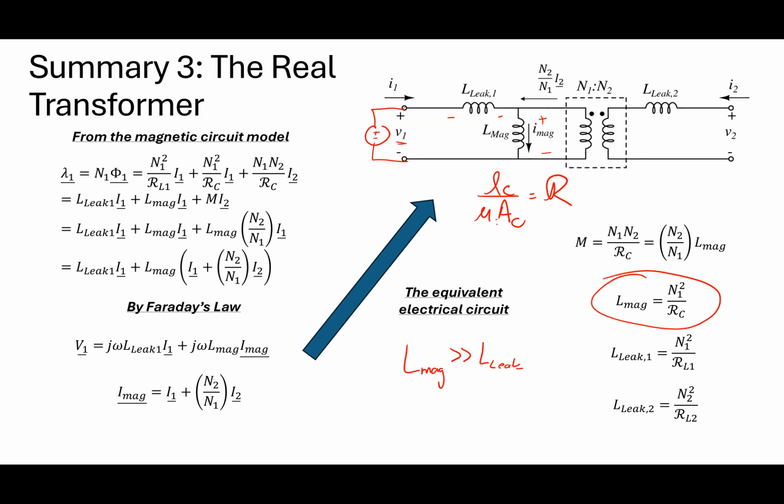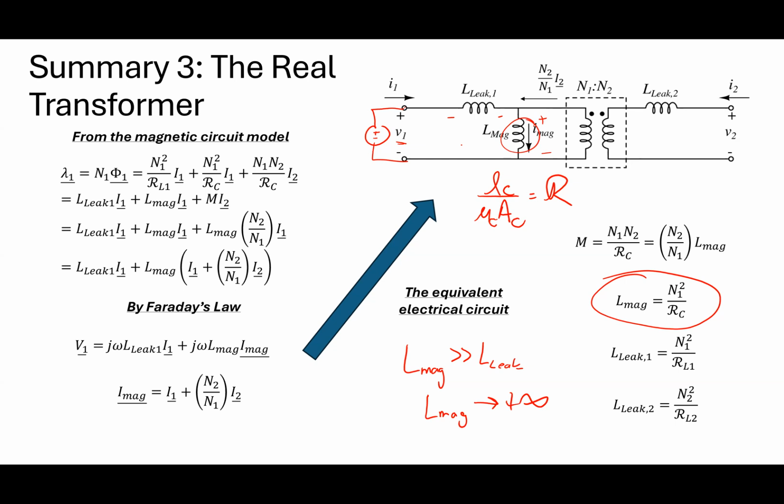If the core has an infinite permeability, mu, which is like the conductivity of a conductor, the reluctance should be zero. So L-mag ideally should approach infinity, a really big number. That tells me the current down this branch should be pretty small.